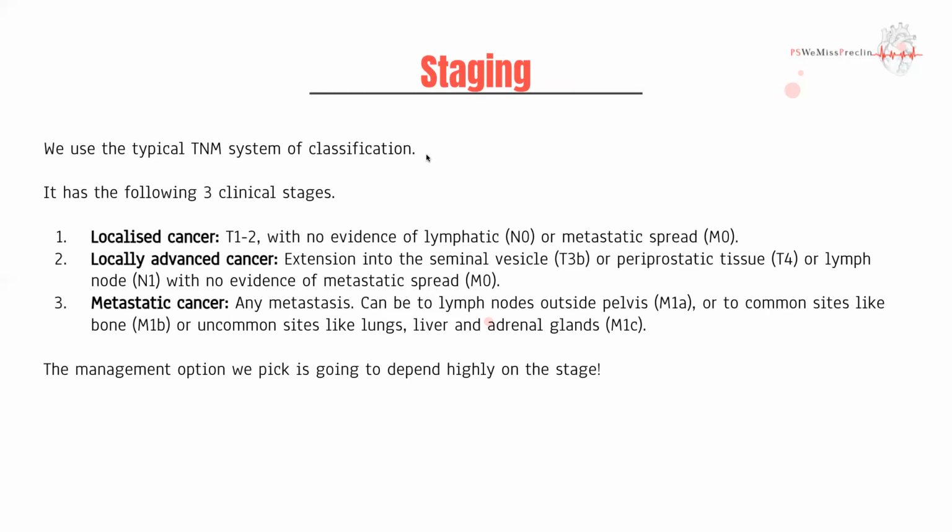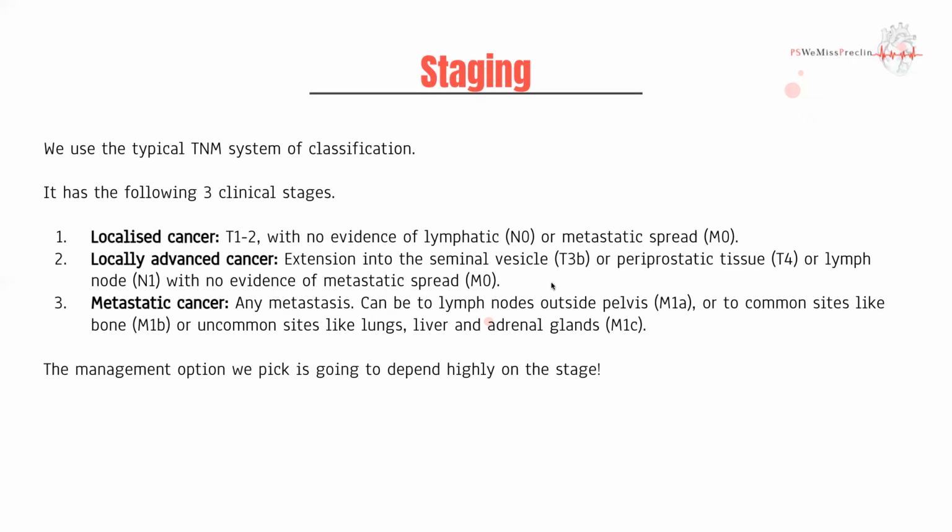So we can broadly classify them into localized cancers, locally advanced cancers, metastatic cancers. Local cancers are T1 to T2, which are confined within the internal capsule and have obviously no lymphatic involvement, no metastatic spread. If you see an invasion into the seminal vesicle or the periprostatic tissue, meaning the tissue around the prostate, that is going to be a locally advanced cancer.